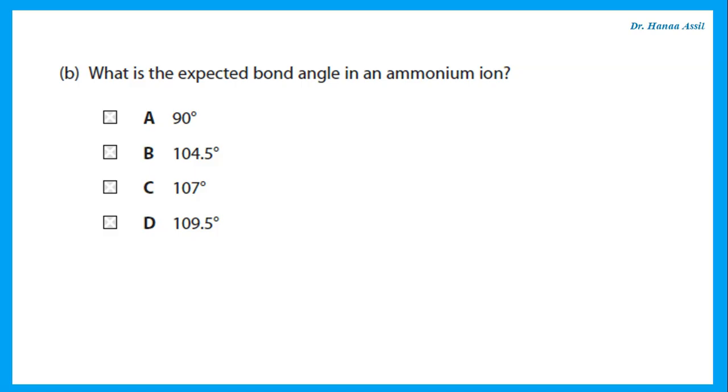What is the expected bond angle in ammonium? Remember, ammonium is where ammonia uses 2 of its electrons to make a dative bond with a 4th hydrogen, and that means we have 4 bonding pairs of electrons, no lone pair of electrons on the central atom, and they want to be separated away from each other, minimum repulsion between the 4 bonding pairs of electrons.